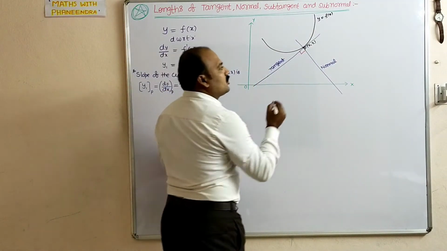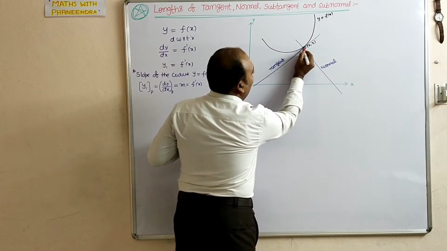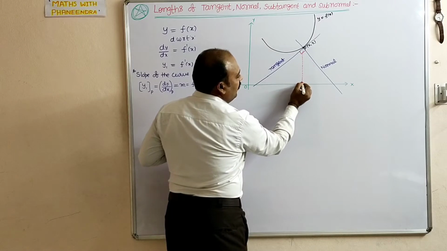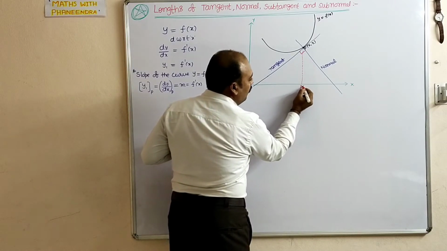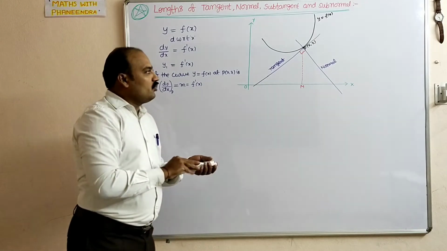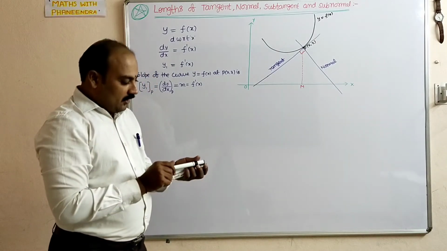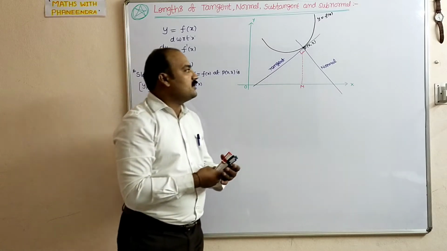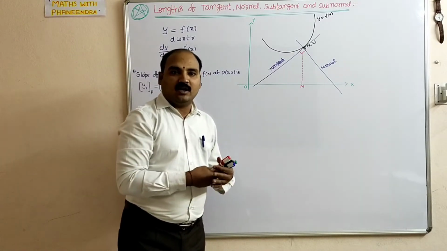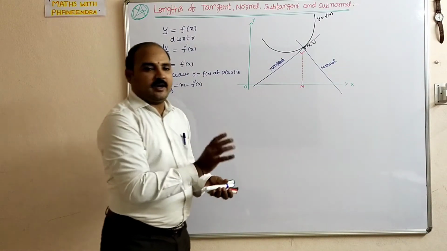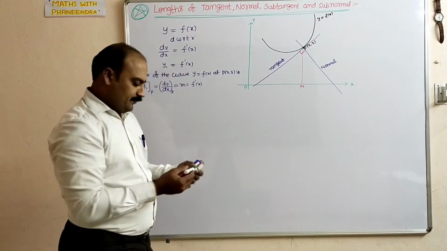And you have to draw one perpendicular from point P to the x-axis, and which meets at the point M on x-axis. Now we will decide what is length of tangent, what is length of normal, what is length of subtangent, what is length of subnormal from this figure. Just briefly I will explain, in a very simple way.